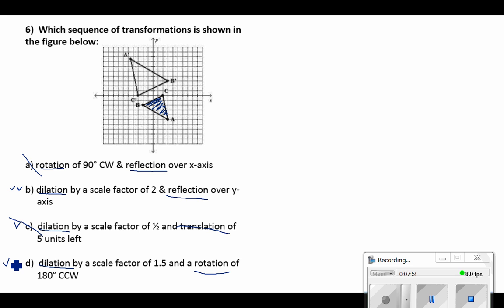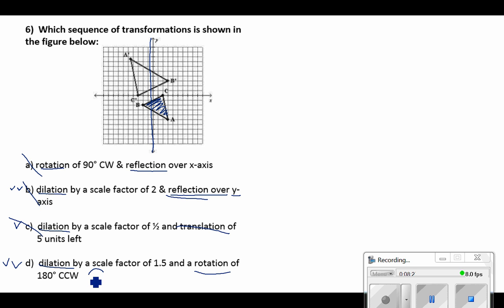Now let's look at the second part. We have part B, says reflection over the Y. The Y is right here, and it does not look like it's reflecting over that. So we can eliminate B. Answer choice D is a rotation of 180 degrees counterclockwise.